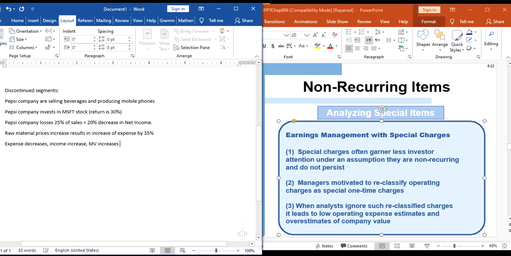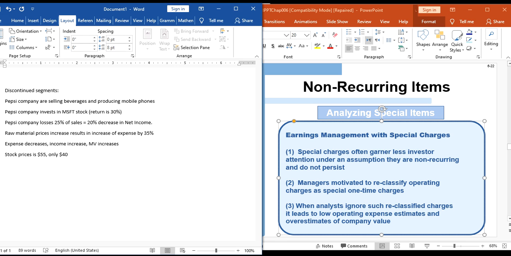So the market value will be overestimated. For example, if the stock price is, let's say, $55, its actual price is only $40, and this is because of recognizing some expenses as losses, so net income increases and the market value has been overestimated.